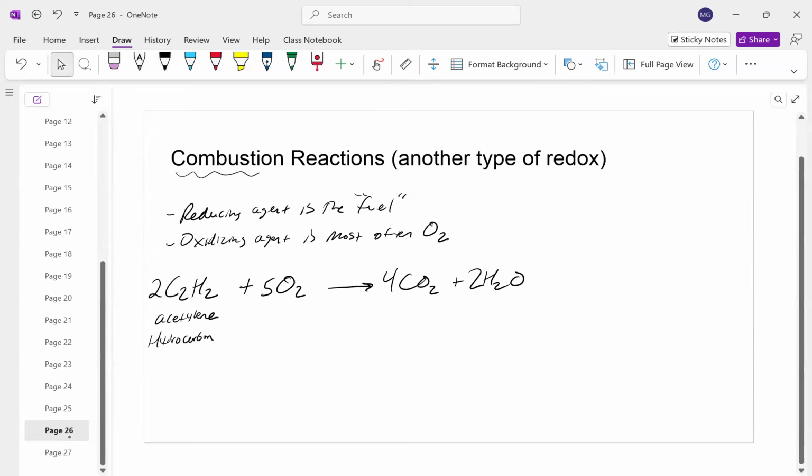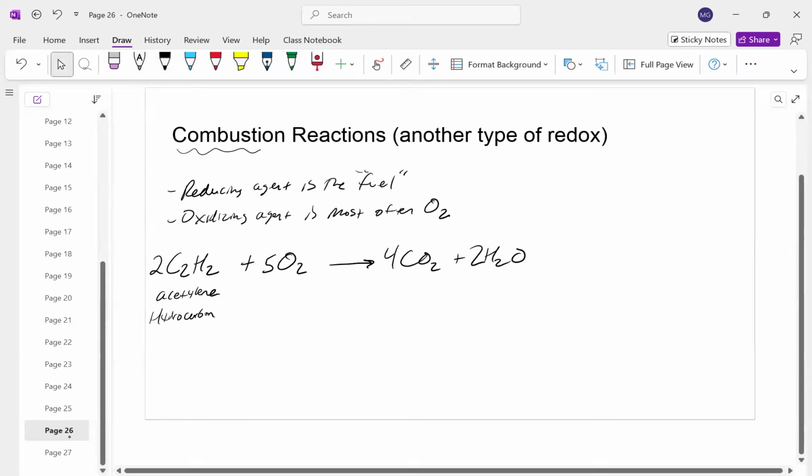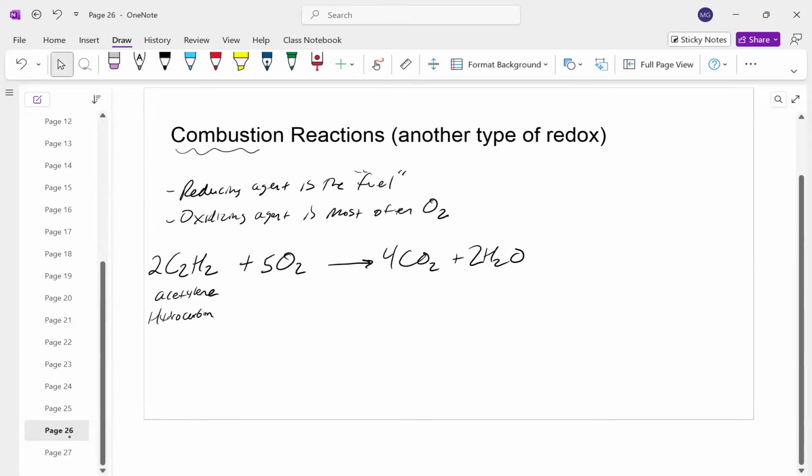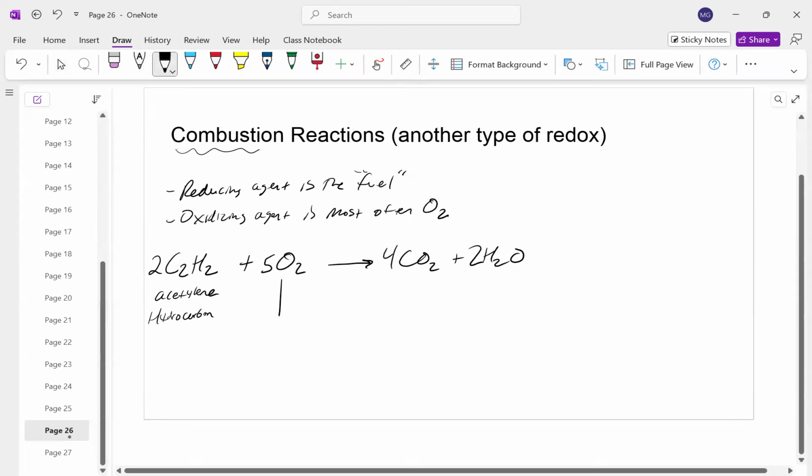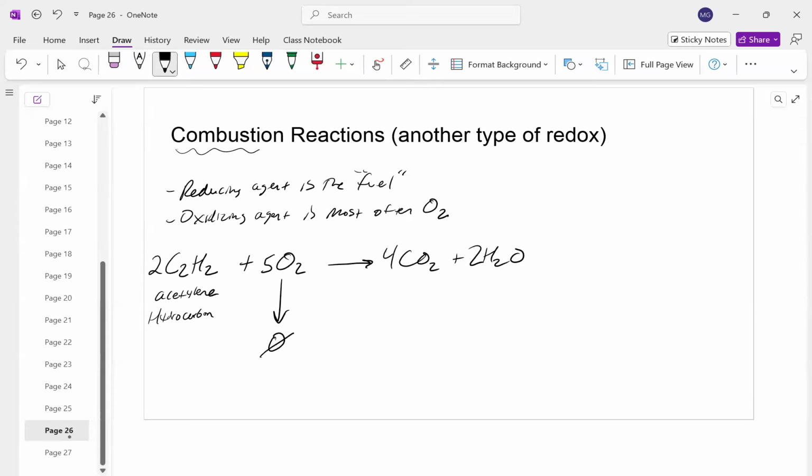So let's kind of go through and look at how this is oxidized and reduced. So we have oxygen here. It's in its elemental form, so it's always 0. And then we got hydrogen here. Hydrogen is going to be +1 since it's bonded to a nonmetal.